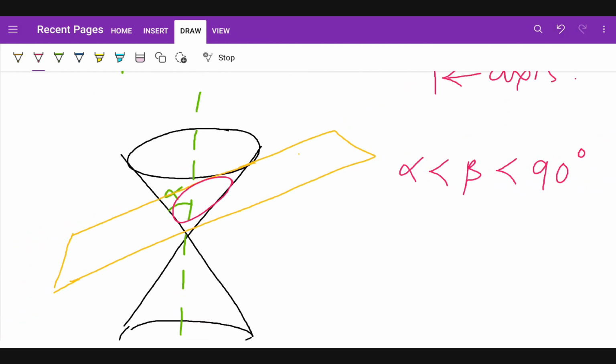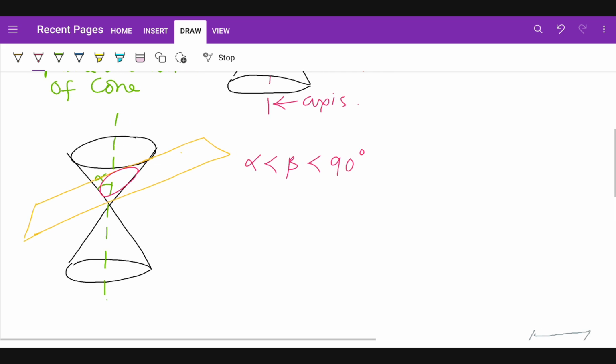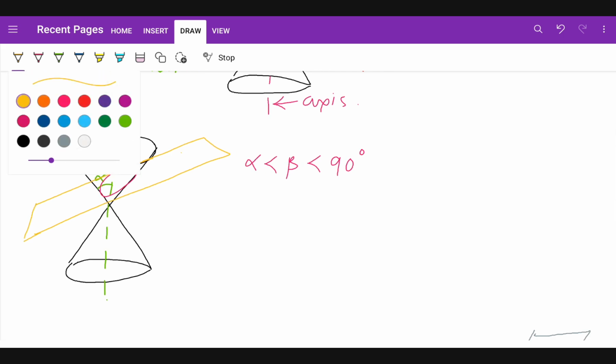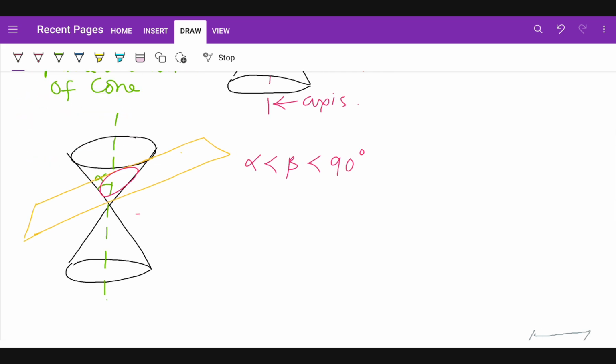Now what is this? This is an ellipse, right?